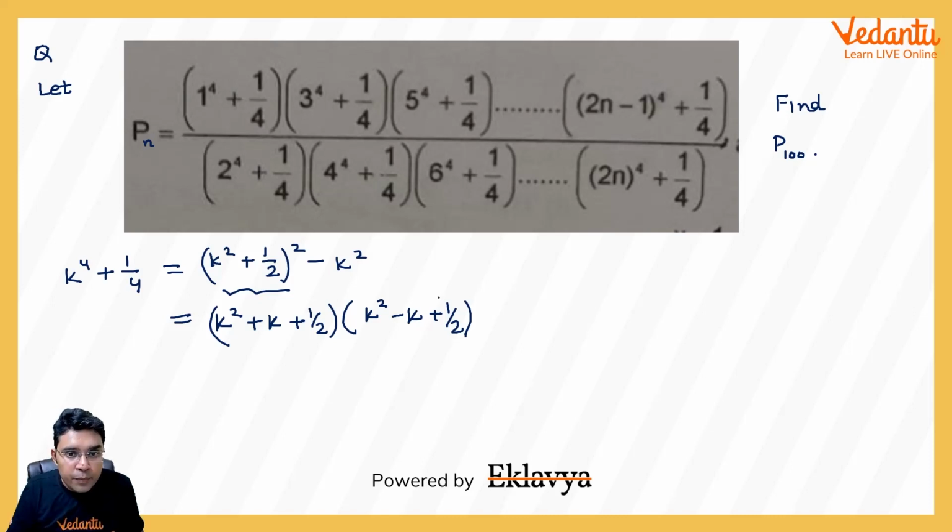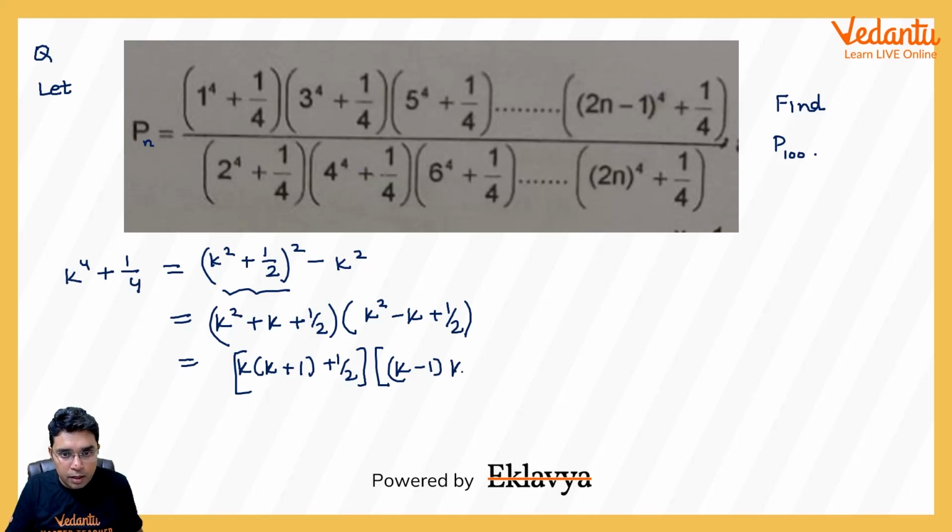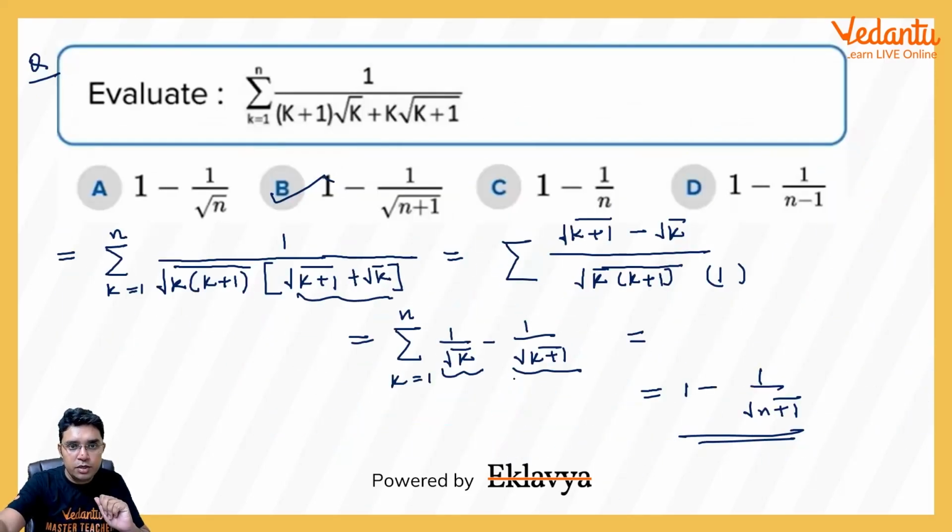Now let me write this once again like this also: k(k+1) + 1/2 in one bracket, and in the other bracket (k-1)k + 1/2. Once again, if you notice, I think we have used a similar thing in one of our examples, if I'm not wrong. Let me see which example it was.